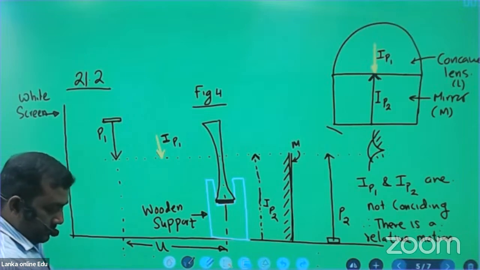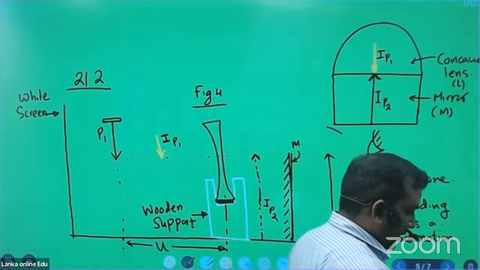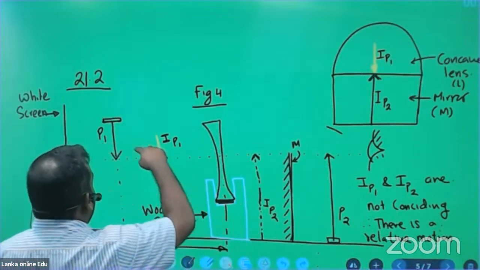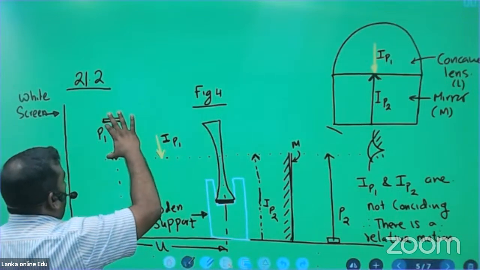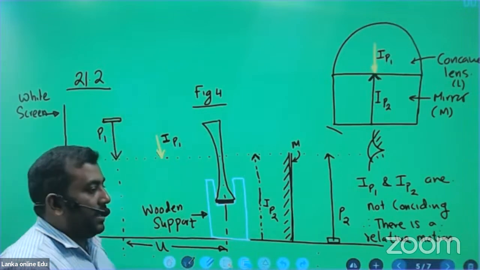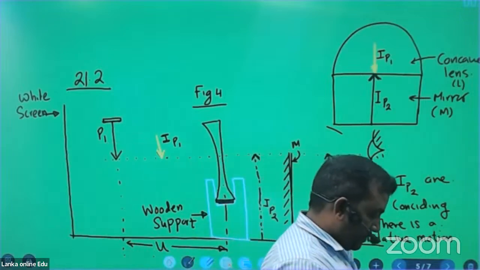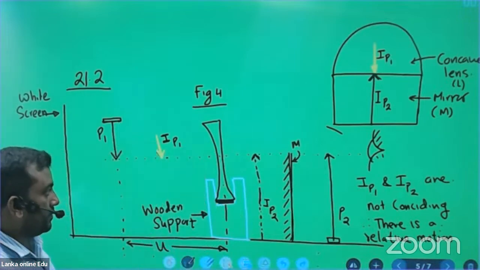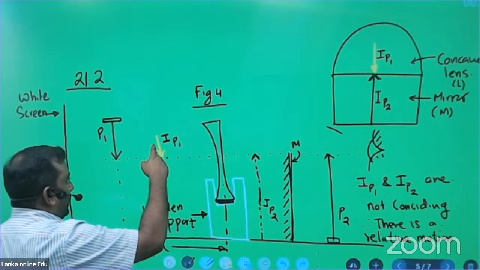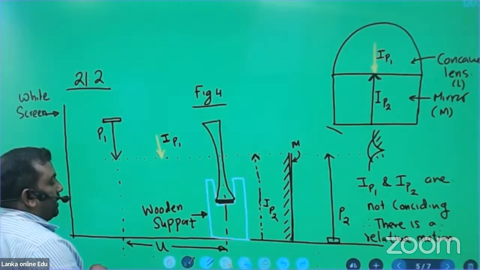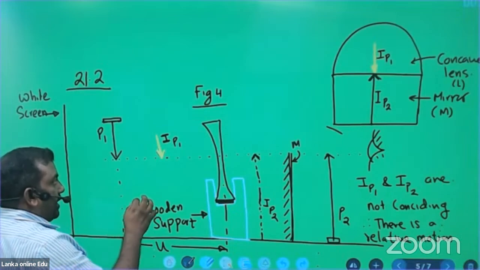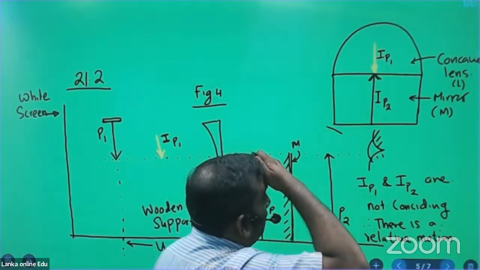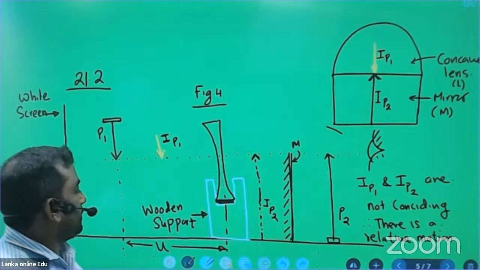And using a peg line, we hang pin P1 such that a virtual upright diminished image of P1 is formed.